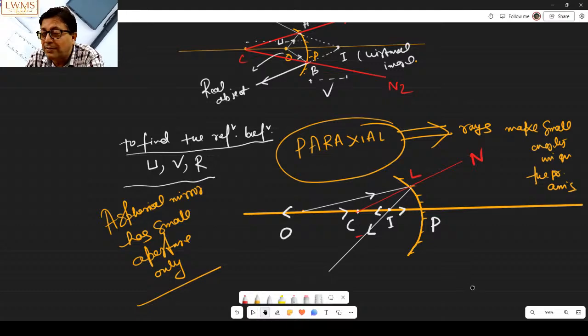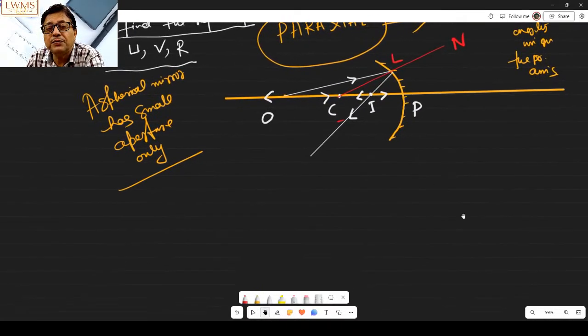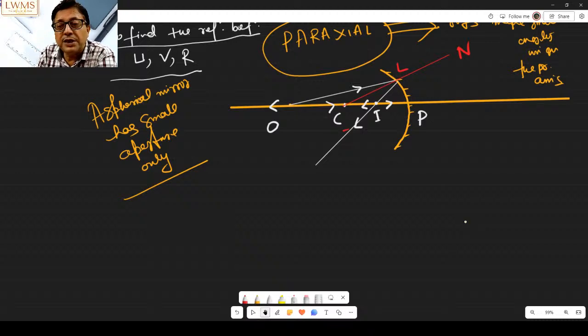What are we going to derive? We are going to find out the relation between the object distance, this is the object distance that I told, which we are taking as u. Aperture small. So this part is u.